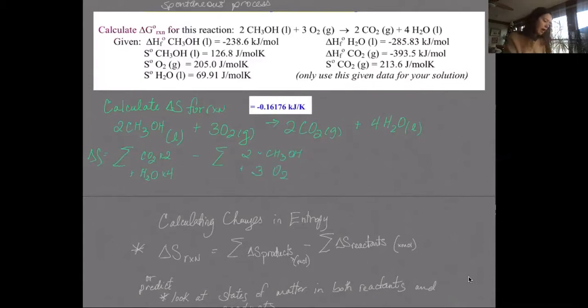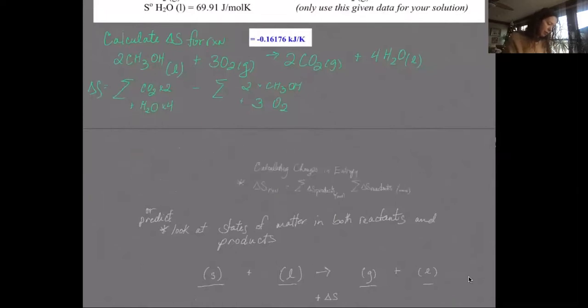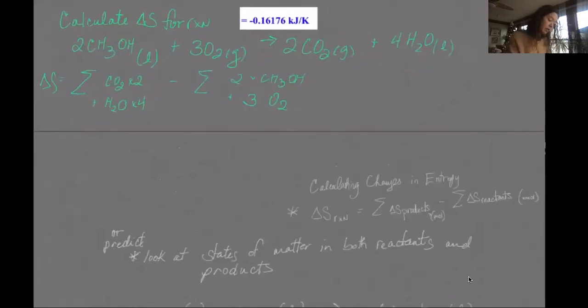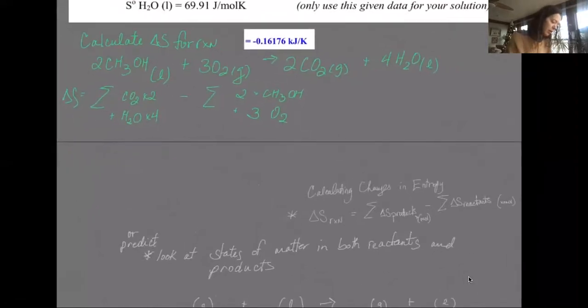Remember when we were calculating delta H values, if they were elements, they were 0 for enthalpy, but for entropy, that's not the case, right? Because there is disorder here. These are not perfect crystals.